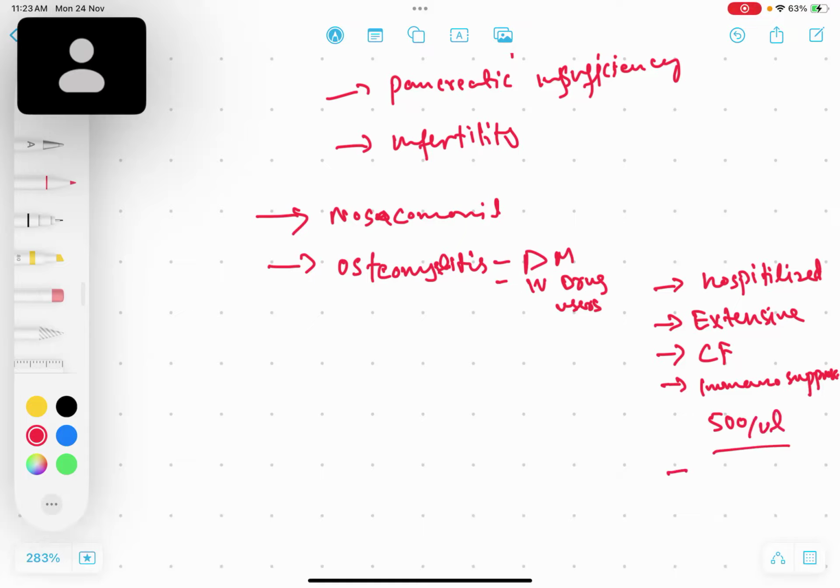And also indwelling catheter use. So these are the important risk factors for Pseudomonas aeruginosa.